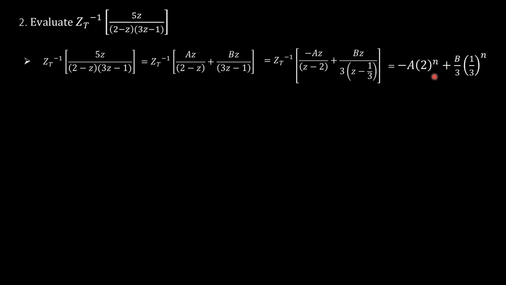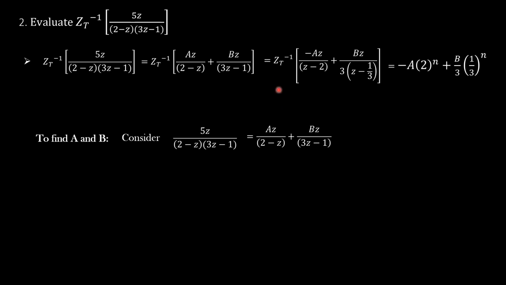Now you have to find A and B values. To find A and B, consider 5z divided by (2 minus z)(3z minus 1), which is equal to Az divided by (2 minus z) plus Bz divided by (3z minus 1).